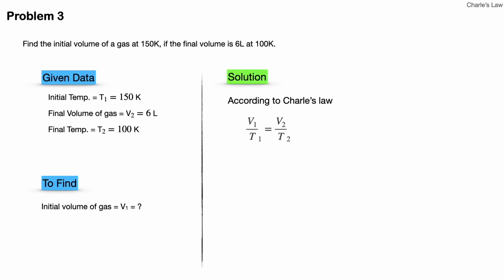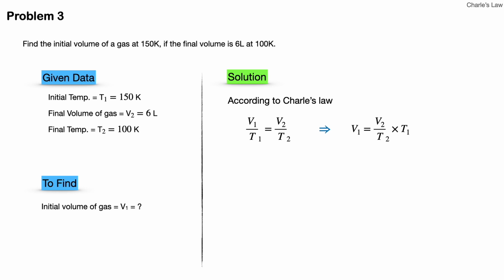The solution according to Charles' law: V over T is a constant value, so we can write V1 over T1 is equal to V2 over T2. From here we can derive the value of V1 by rearranging the terms: V1 is equal to V2 over T2 times T1.